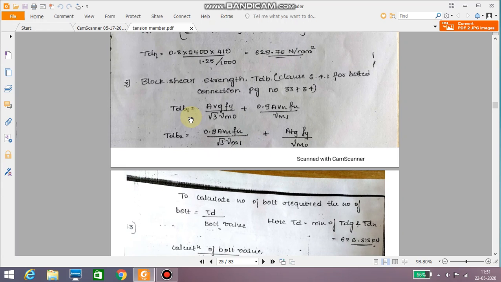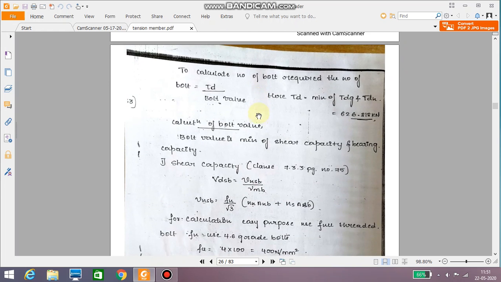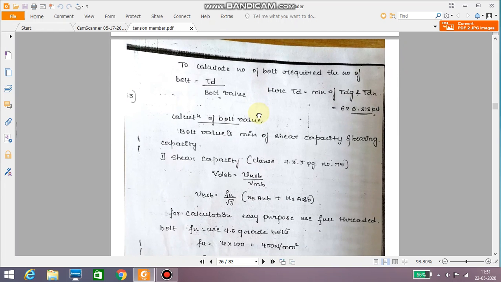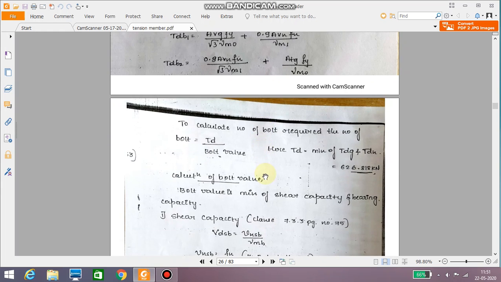Now the block shear strength Tdb I have to calculate for bolted connections. The formula is Tdb1 equal to Avg fy divided by root 3 gamma m0 plus 0.9 Avn fu divided by gamma m1. Tdb2 equal to 0.9 Avn fu divided by root 3 gamma m1 plus Atg fy divided by gamma m0. Before calculating the tension strength because of block shear, I have to calculate the total number of bolts required.